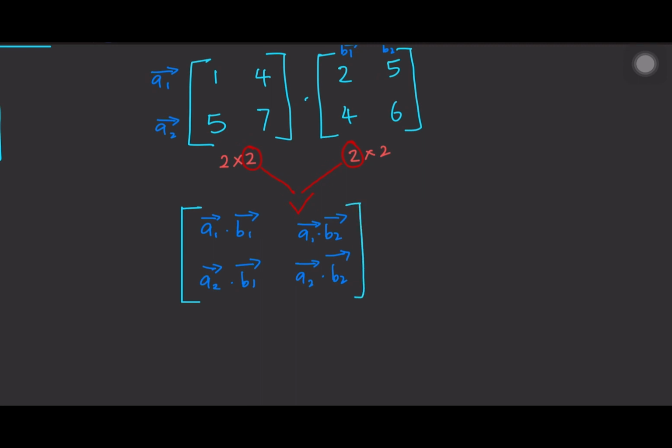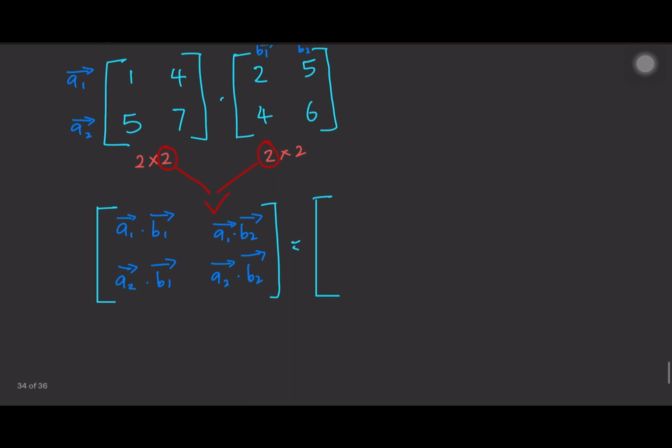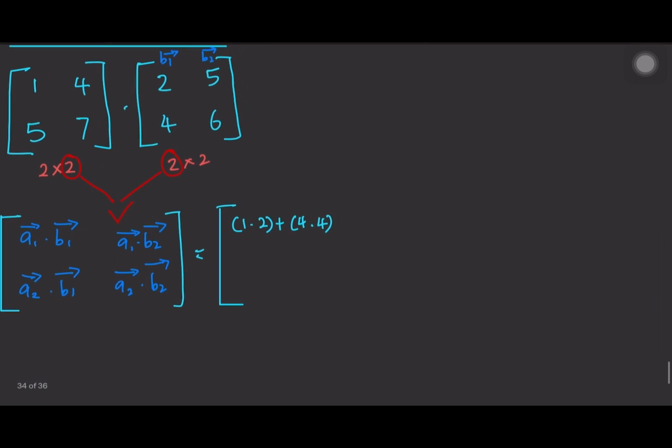And what does it get us? Well, let me do the working for you. A1, B1: 1 times 2 plus 4 times 4. If you don't understand, that's the first row, 1 times 2, then 4 times 4.